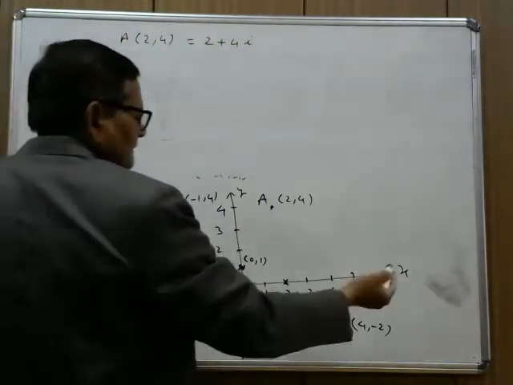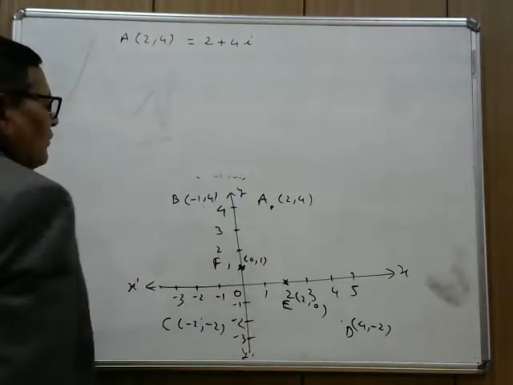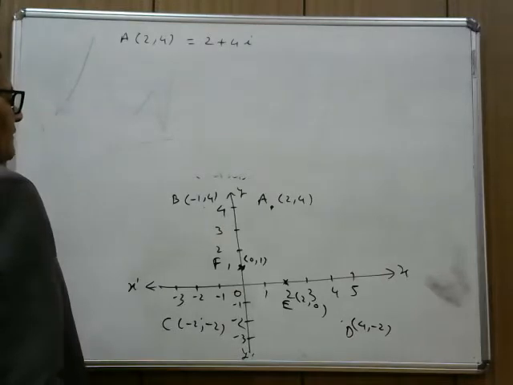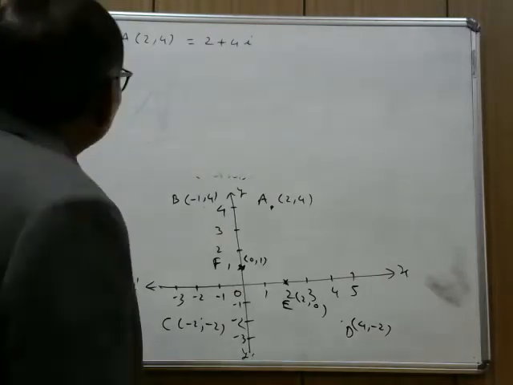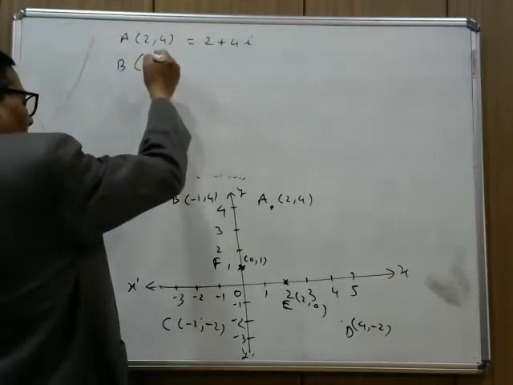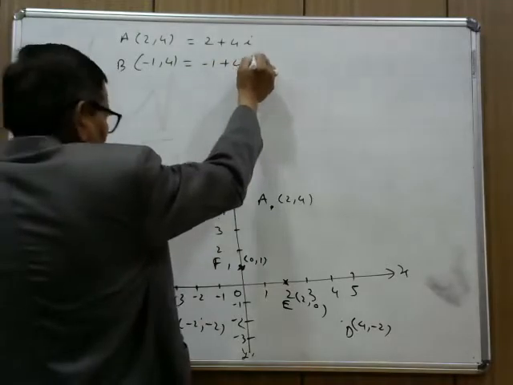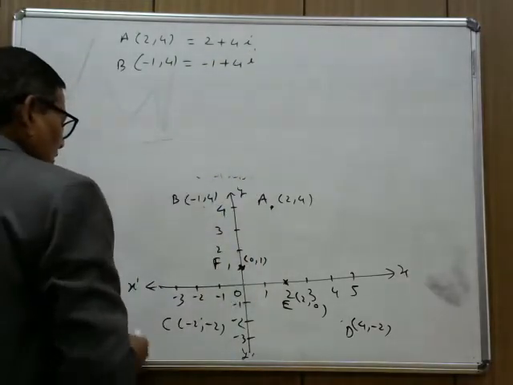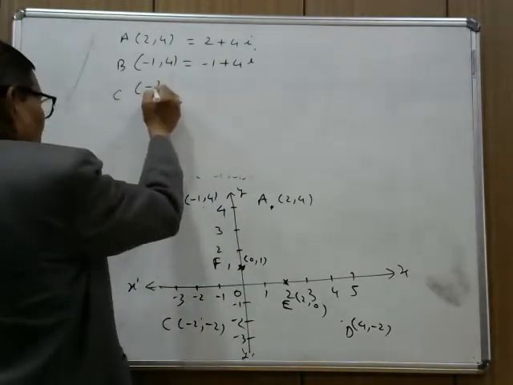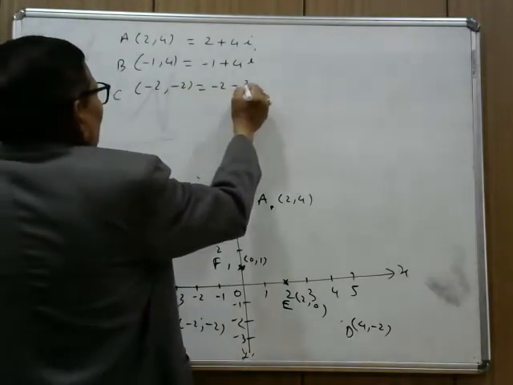So this horizontal axis, the x-axis, is known as the real axis, and the y-axis is known as the imaginary axis. Similarly, your point B can be written as (-1, 4), and it is -1 plus 4i. Now in the third quadrant, your point C, (-2, -2), can be written as -2 minus 2i.